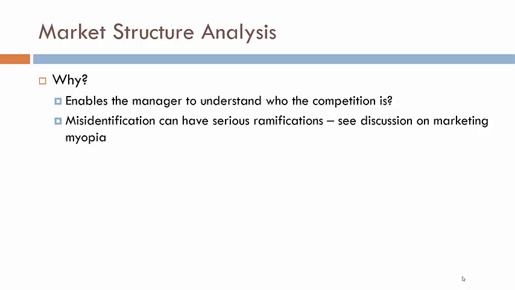And also, as we discussed in our discussion on marketing myopia, we need to maintain focus on the underlying customer need that our product is satisfying, so that we have a handle on potential threats from other competitors that can also satisfy the same underlying need.